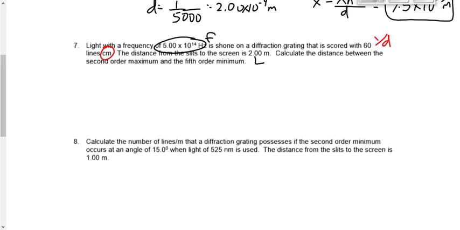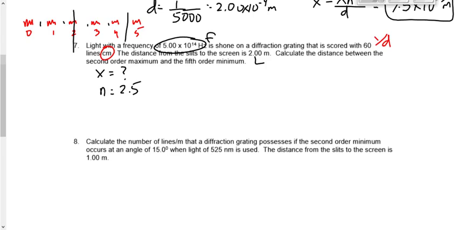This is L. We want to find X, second order max and fifth min. Central max, first, second, third, fourth, fifth max, the second order max, and the 1, 2, 3, 4, fifth min. N is going to be the difference between 2 and 4.5, which is 2.5.